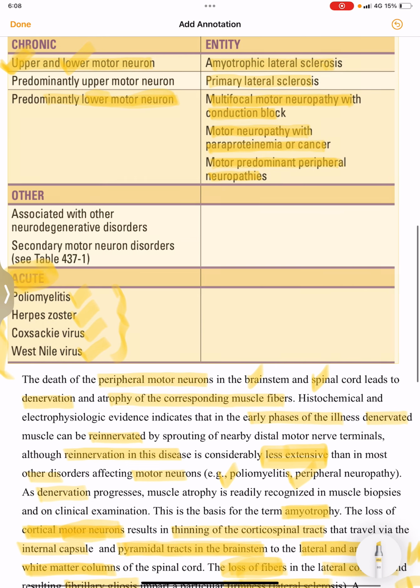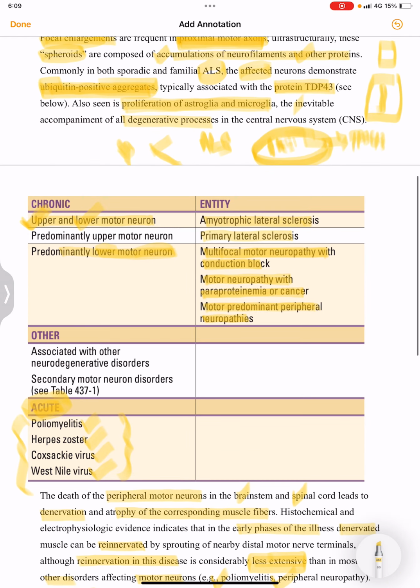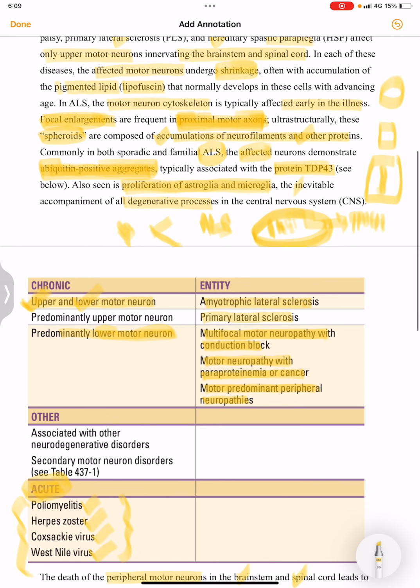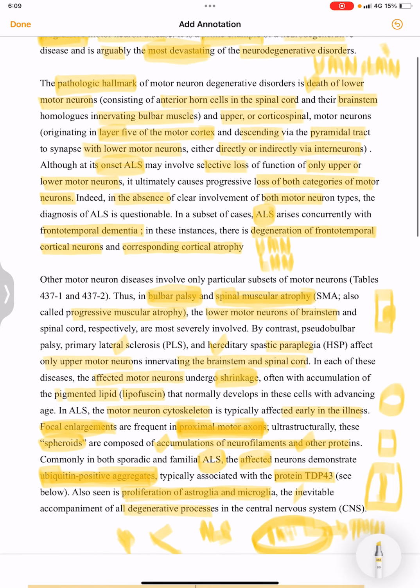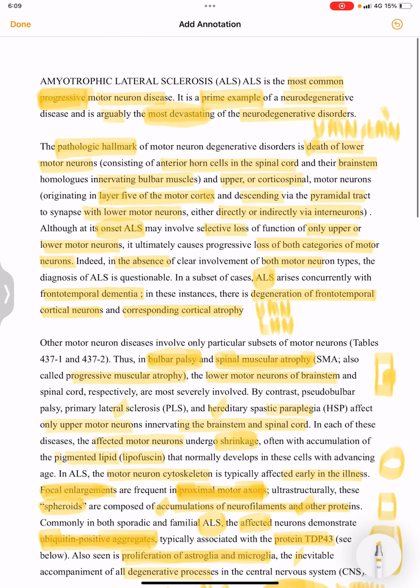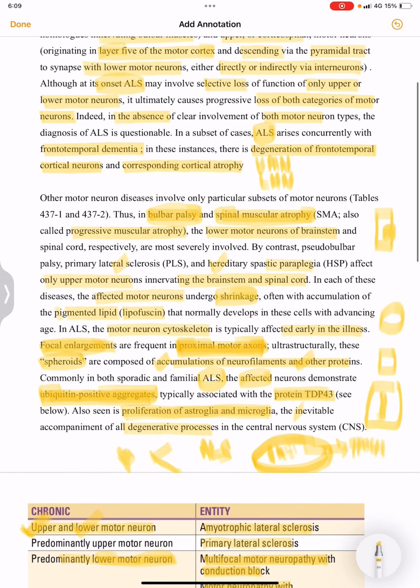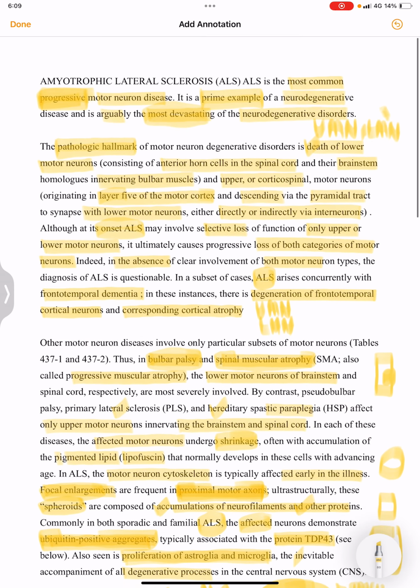But amyotrophic lateral sclerosis is chronic, and involves both upper and lower motor neurons. There are ubiquitin-positive aggregates associated with protein TDP-43. So this is about the pathology of amyotrophic lateral sclerosis.